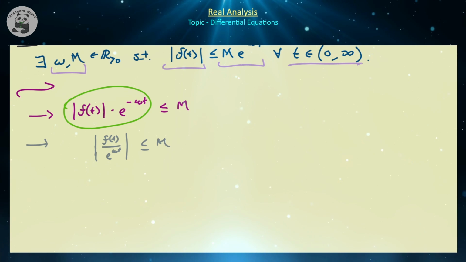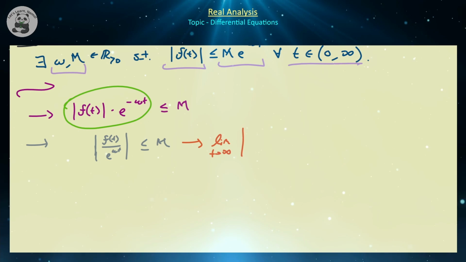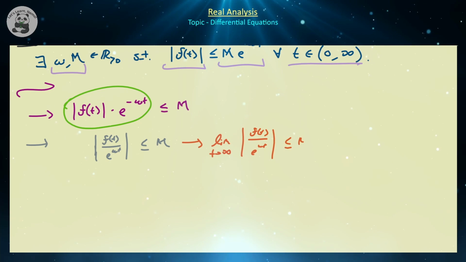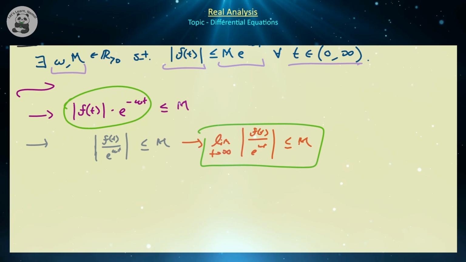Since we have an inequality, we can also apply limits. So we can say that the limit as t goes to infinity of the absolute value of f of t over e to the omega t must also be less than or equal to m. Obviously, if you have a function such as a constant on top, that limit will go to 0. If you have a polynomial, again, that limit will go to 0. And 0 is always less than or equal to a positive constant m.